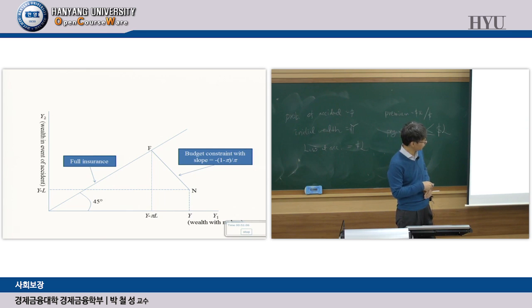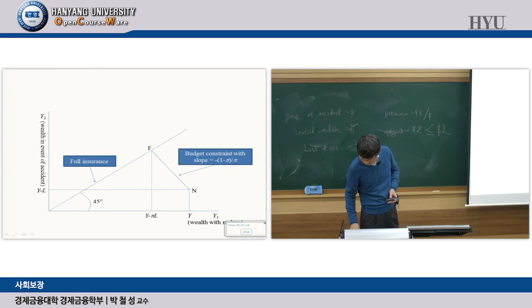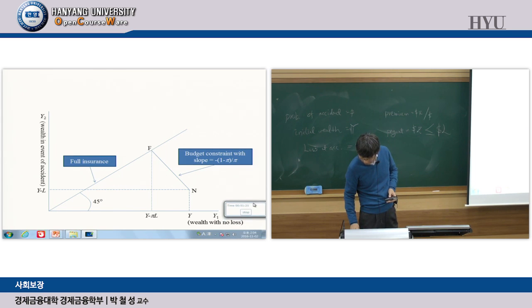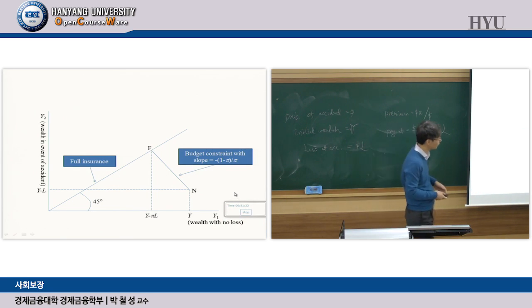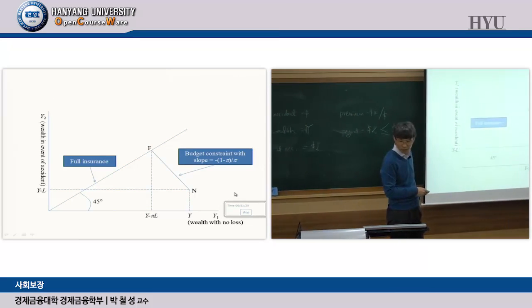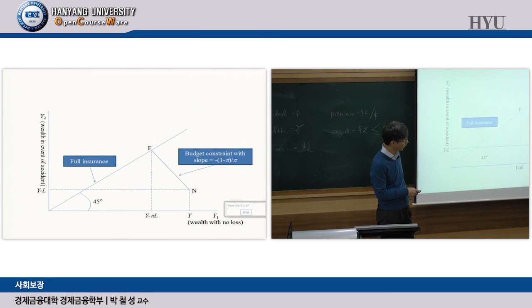Basically, think of this diagram. The horizontal axis gives the wealth with no loss, without any accident, that we call Y1. And this is wealth in the event of accident, Y2.